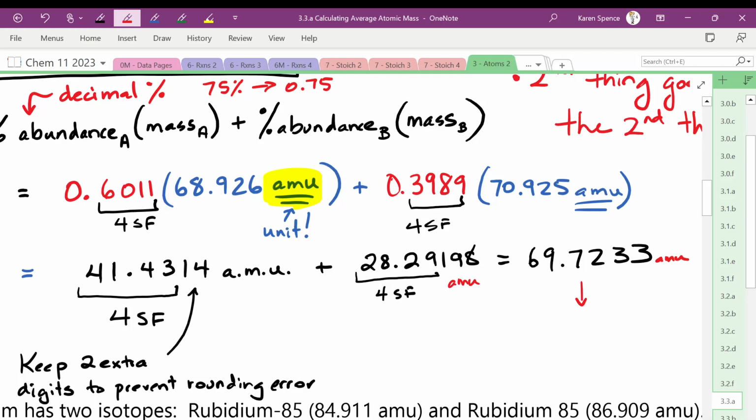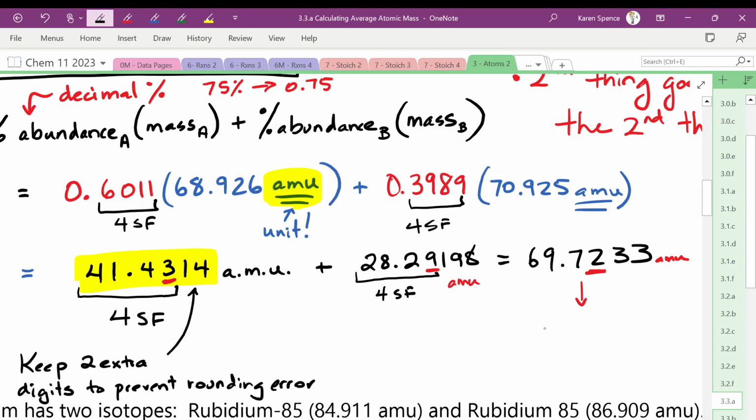Who is our uncertain digit in 41.4314? It's that 3. It's that second decimal place. Who is the uncertain digit in 28.29? The 9. Okay, so there is our uncertain digit there. So our uncertain digit is in the 2 position.